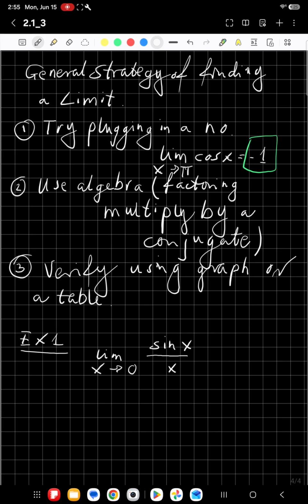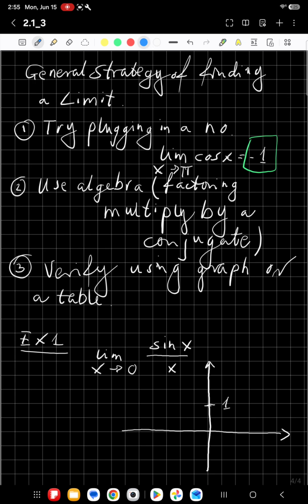But we can figure it out just by graphing. So we could look up the graph, but let me just show it to you. If you graph it, this is 1, and that 1 gets an open circle because the function is undefined there.